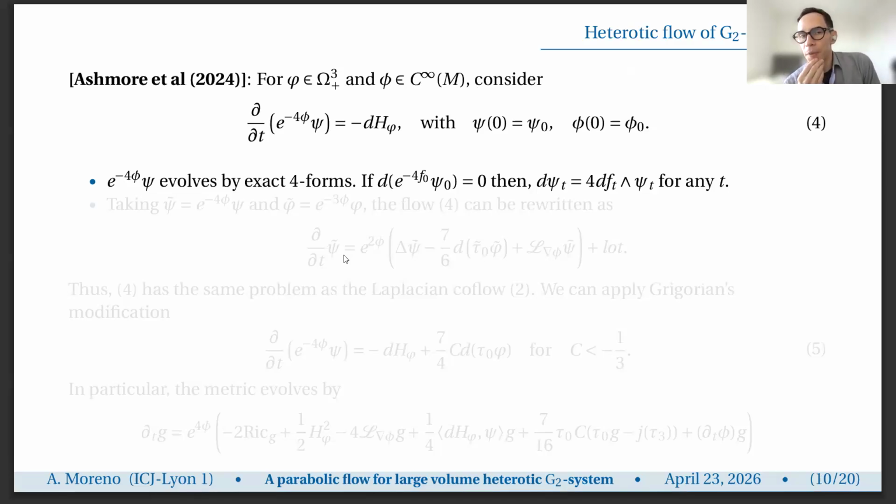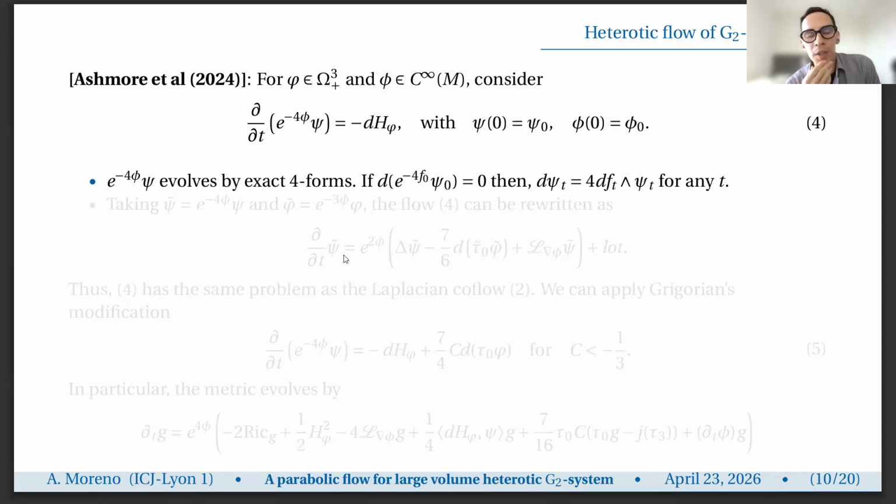As I said before, in some sense, we want to evolve our G2 structure in the direction of minus d H5 in order to get the critical points as G2 structures with closed torsion.